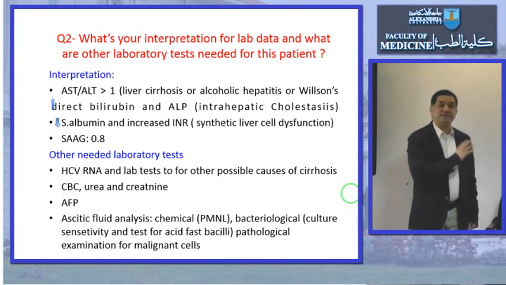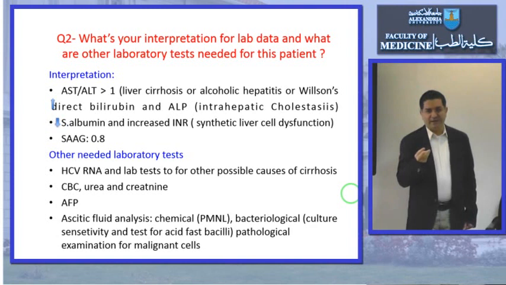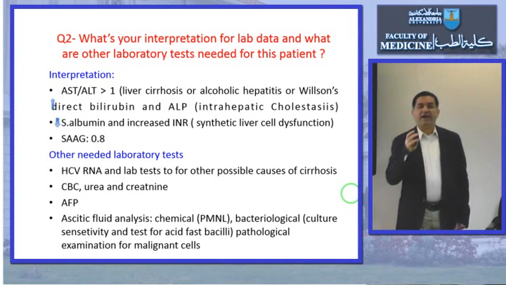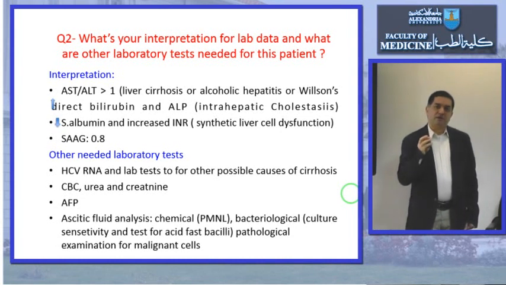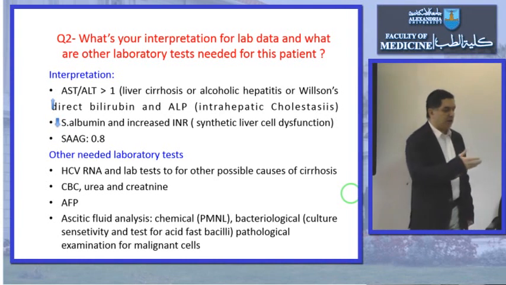Complete blood count is important in this patient. Why? We have to know what about the hemoglobin level, because one of the causes of low-grade fever is blood loss in the gastrointestinal tract, and blood loss may be presented in the form of occult blood, melena, or massive GI bleeding. But in this patient, usually it is either occult or melena.